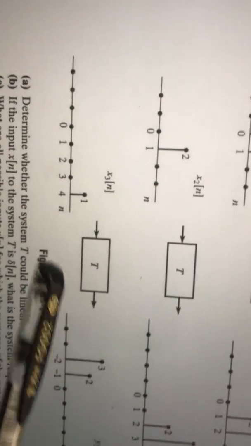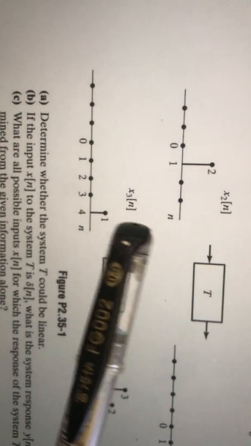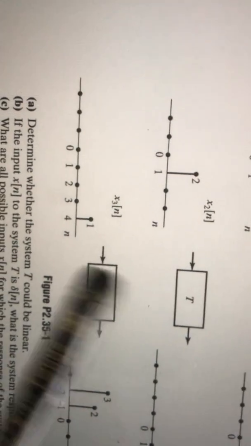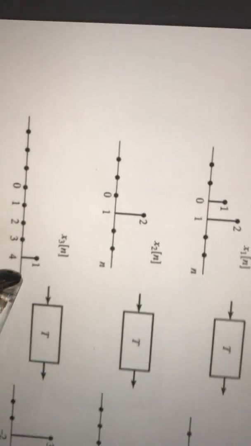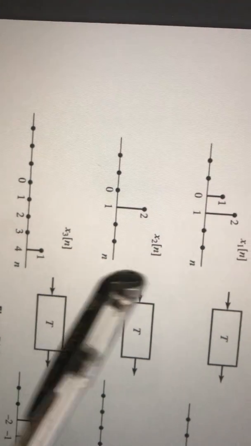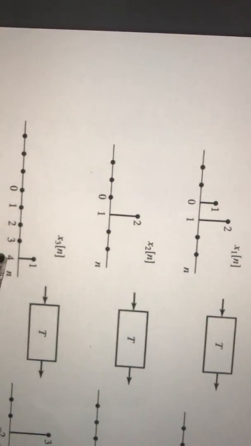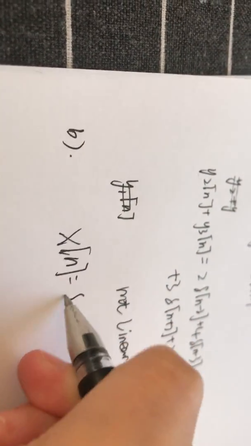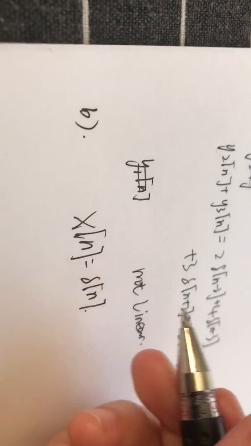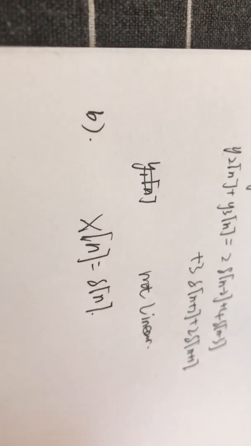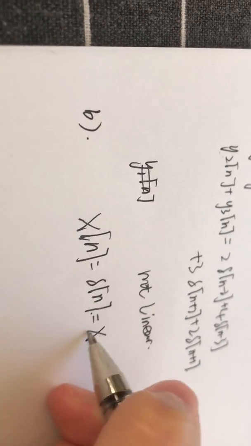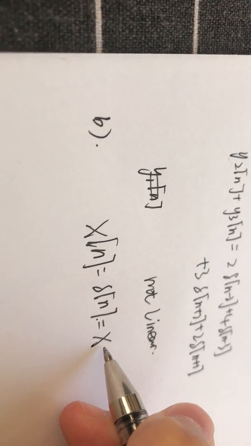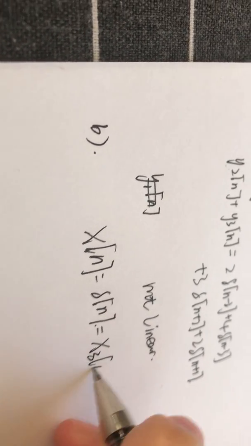We could say this one is very easy to see, it's a right shift version of delta[n]. So if x[n] equals delta[n], delta[n] is basically a left shift version of delta[n-3] with step 4. So we could get this.